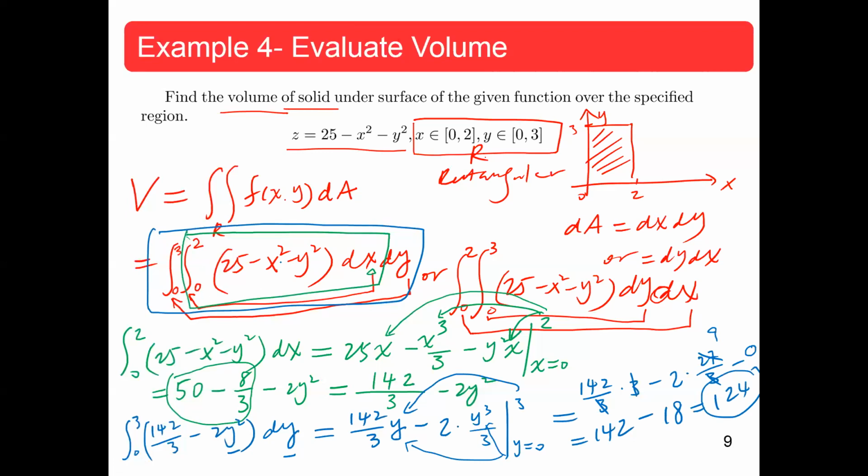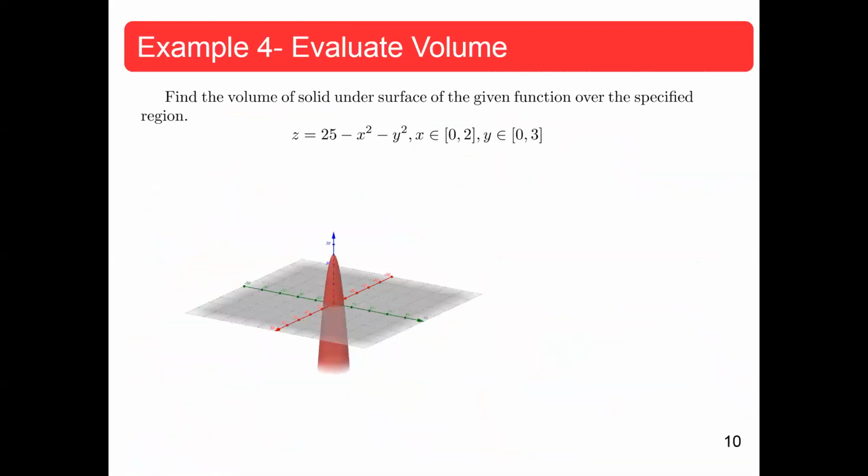Setting up is not difficult because of the rectangular region R that we have. I'm going to show you the graph that matches what this problem talks about. So z equals 25 minus x squared minus y squared. It's easy to plot. Its graph is going to be an upside down paraboloid.